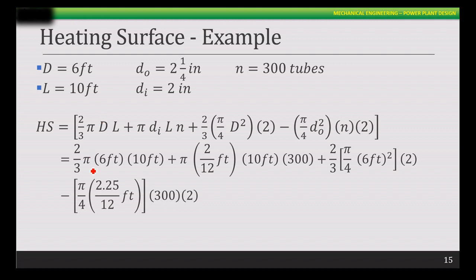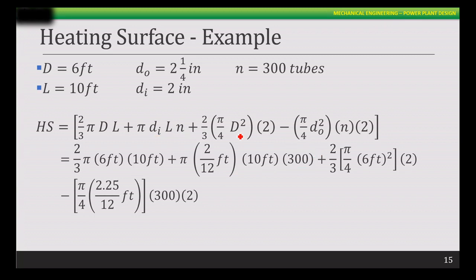First 2/3 pi, then the 6 feet for D, and then the length is 10 feet. Then the inside diameter is 2 inches, so we divide that by 12. Then L is 10 feet times the number of tubes, which is N.